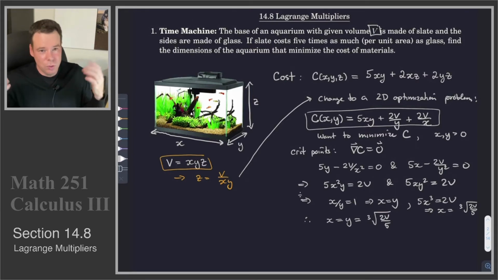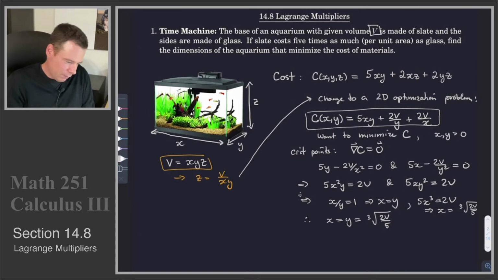So if I do find a critical point, it's got to be the minimum. And so I have found a critical point. And so therefore, we have that the cost is minimum when x equals y equals the cubed root of 2v over 5.